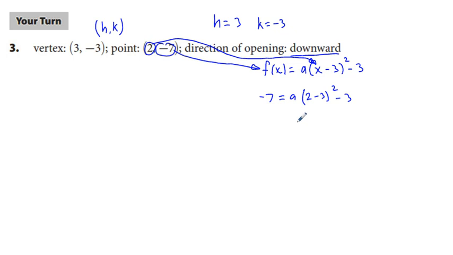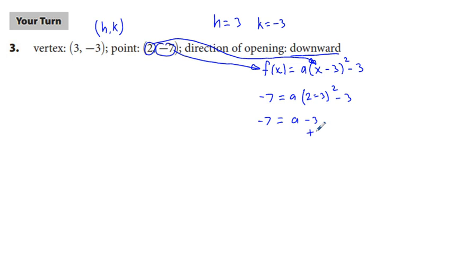So we can just start working this through. We have negative 7 equals a times, 2 minus 3 is negative 1, and negative 1 squared is 1. So we're going to have a minus 3 equals negative 7.